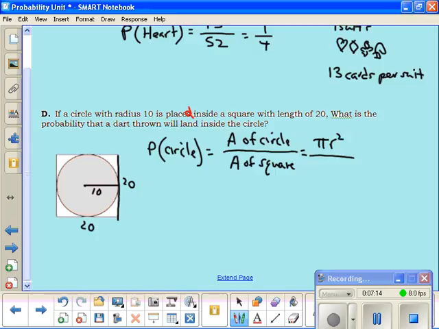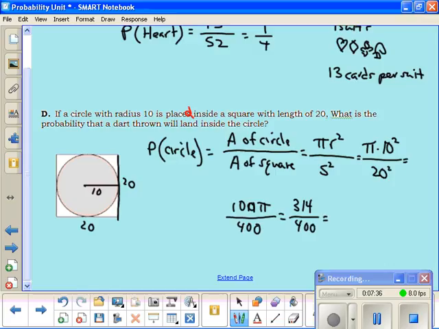Area of a square is the side squared. So in this case, pi times 10 squared over 20 squared. And we can continue. That is 100 times pi over 400, which is about 314 divided by 400.